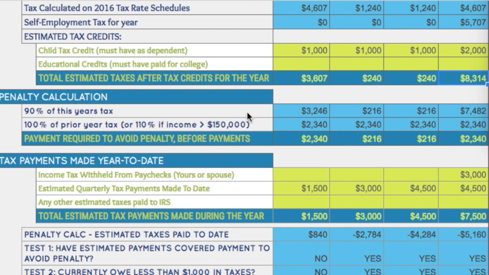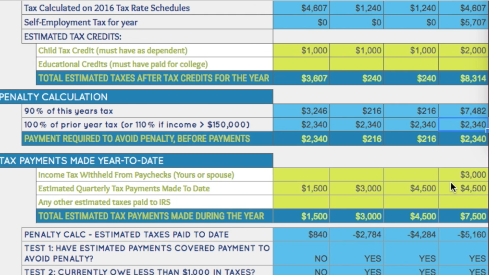So the calculation, all you have to do to avoid a penalty is either pay in the lesser of 90% of this year's taxes, which is an estimate, this amount, which is 7,482, or 100% of last year's taxes, which is why I asked for that in the beginning.